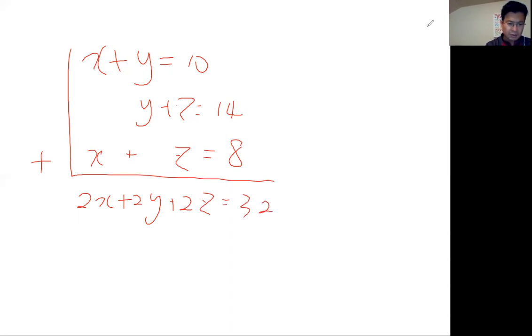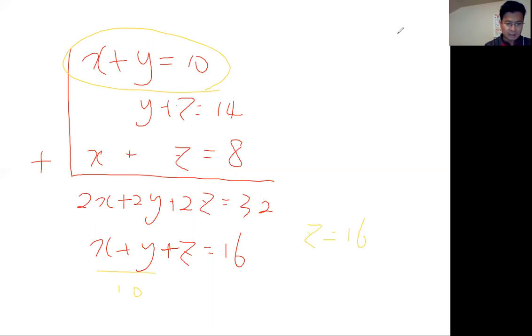Divide by 2, X plus Y plus Z equals 16. Once you figure out up to here, it's pretty simple. Since X plus Y is 10, Z has to be 6.